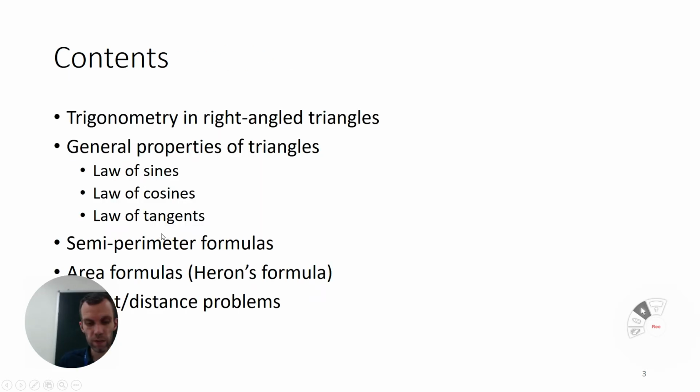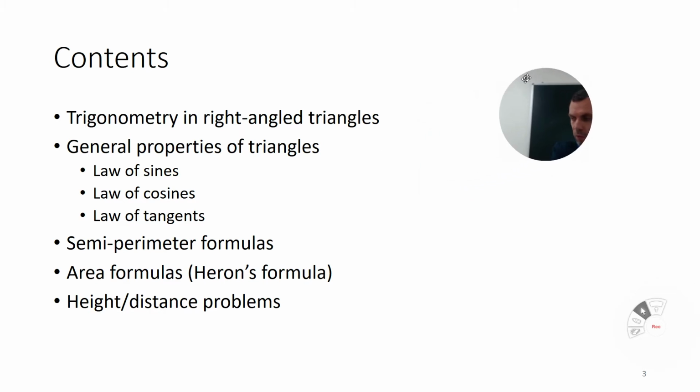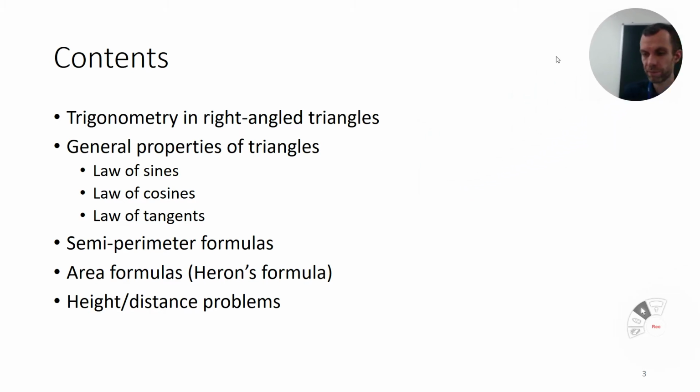So with that, let's dive right in. What we're going to do is cover trigonometry first in right-angled triangles, so triangles with a right angle in them. And then we'll move on to general triangles, so triangles that are no longer right-angled.